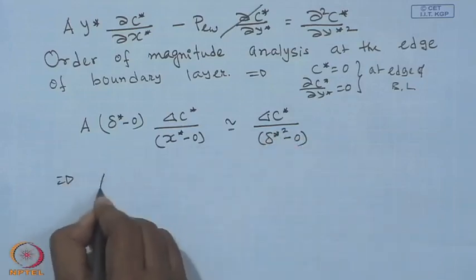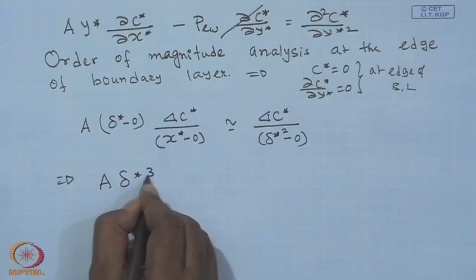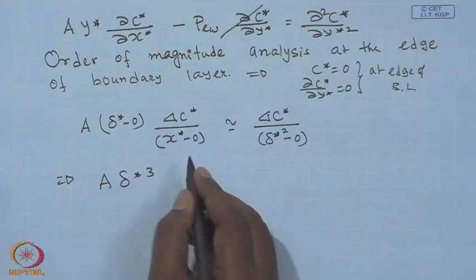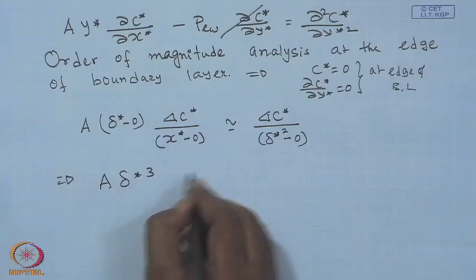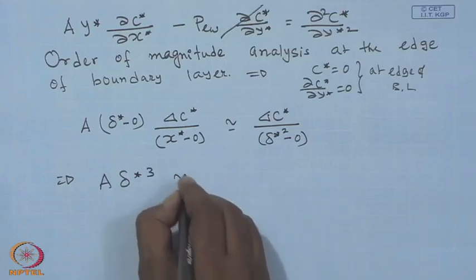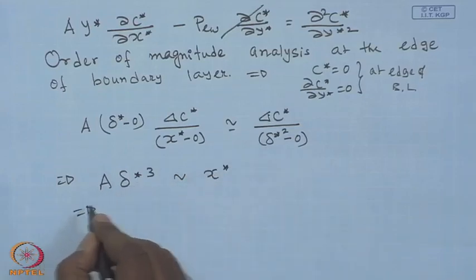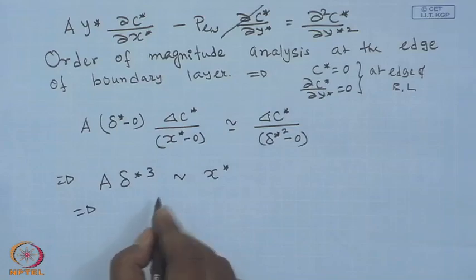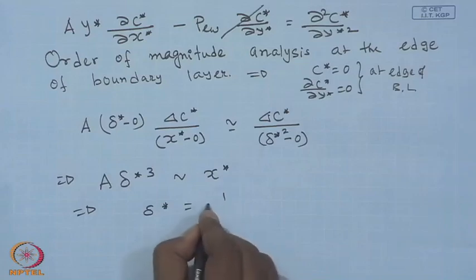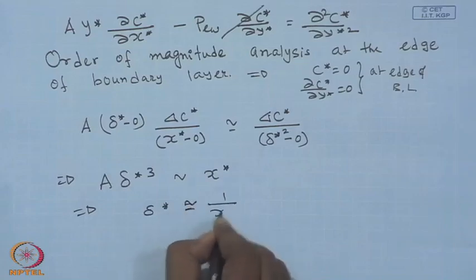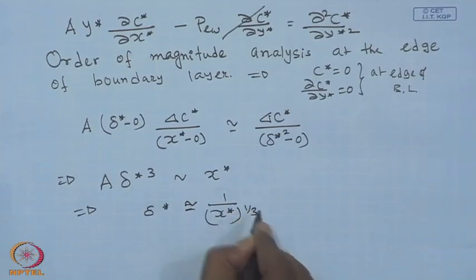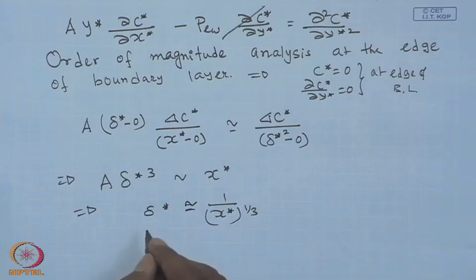So this becomes a delta star cube, and delta c star will cancel out. So this will be x star. Therefore we write delta star cube is of the order of x star, so delta star is nothing but x star raised to the power 1 upon 3.